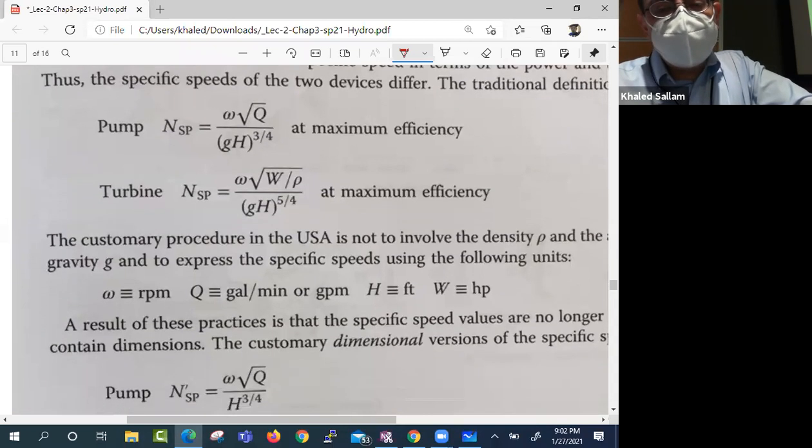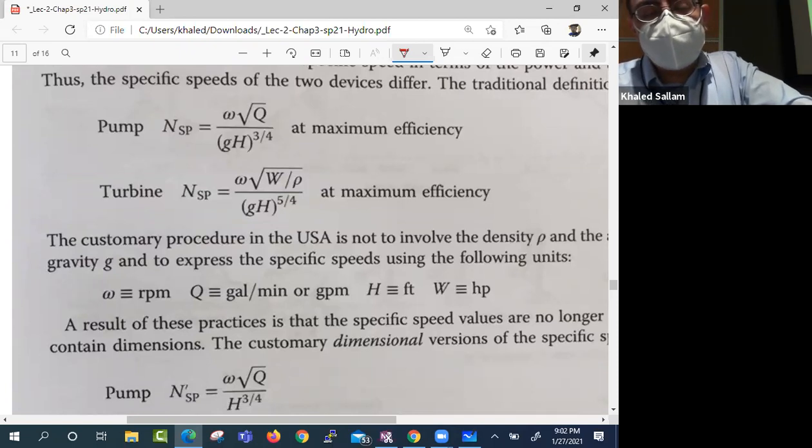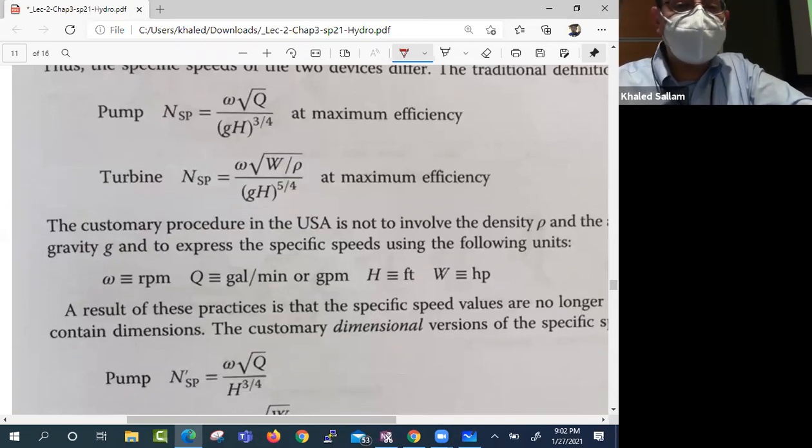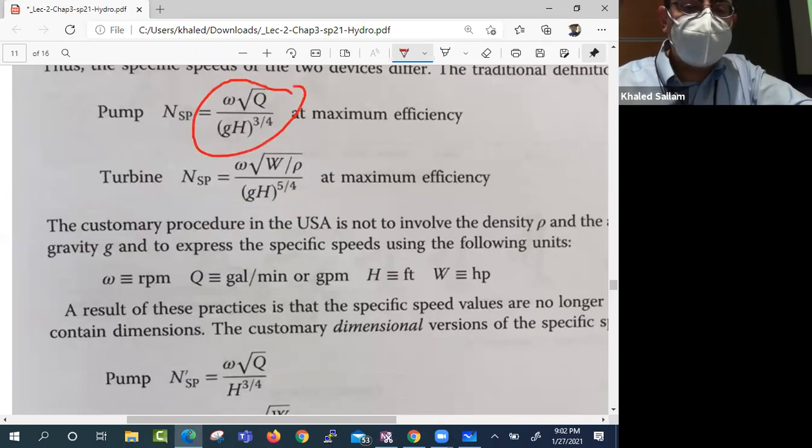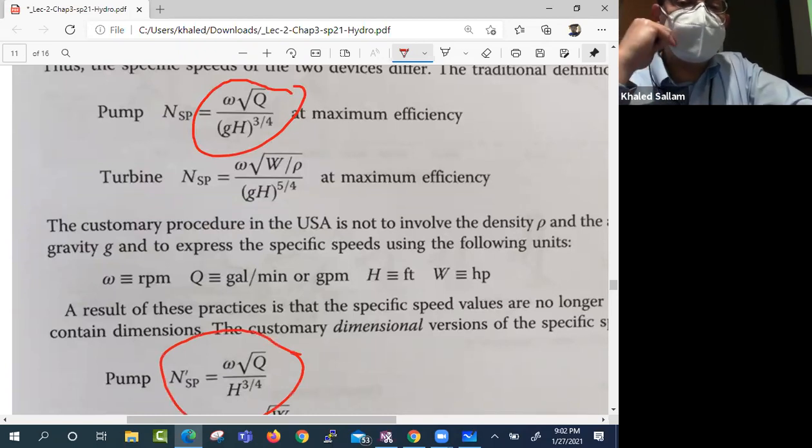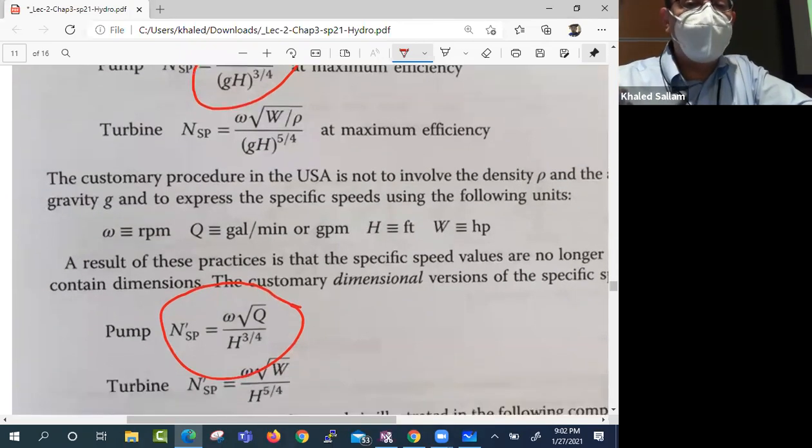The specific speed has actually two ways to calculate. It's the same formula. Let's look at the pump, for example. This one and this one. It's the same formula except the one downstairs does not have G in it. And also omega is in RPM.